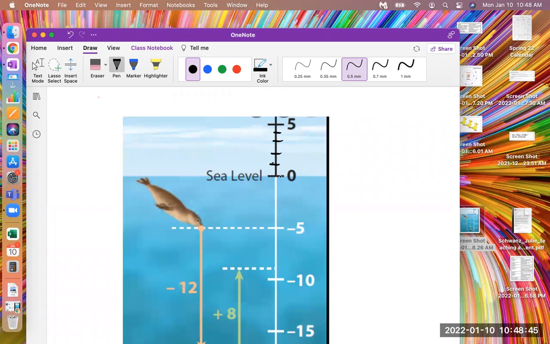And moving down below sea level is the opposite of moving up, it's moving the opposite direction, so moving down is negative and moving up is positive.